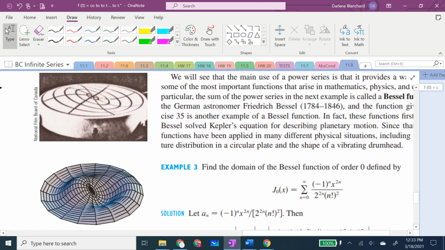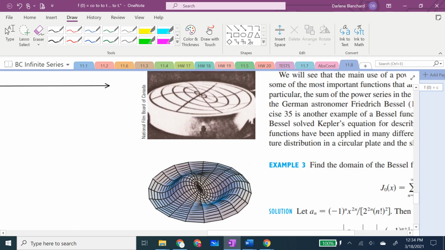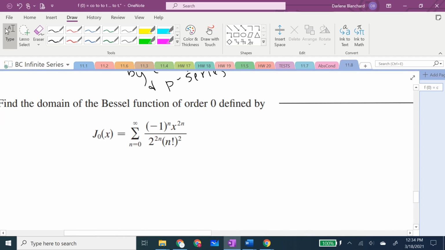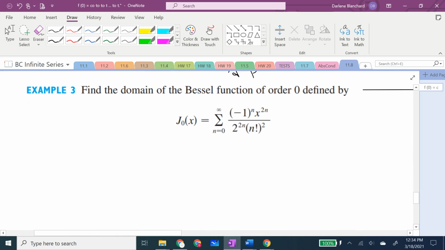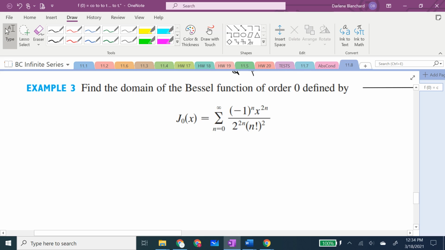And this model shows a moment of a 2-dimensional cross section of a drum vibration. Is that pretty cool? That can be written as a power series, but we're only looking at the most simple of them. Now, it's asking you to find the domain of the Bessel function.